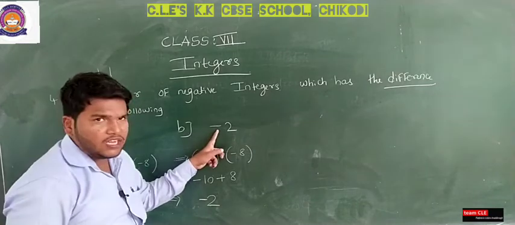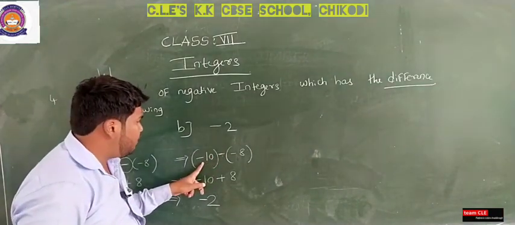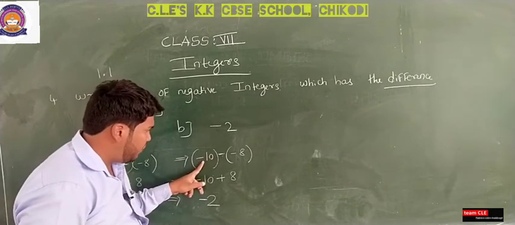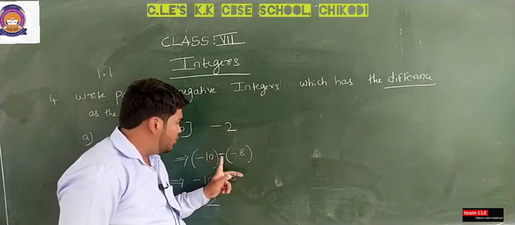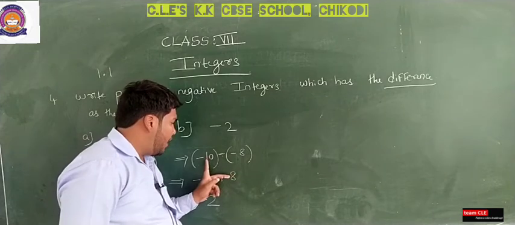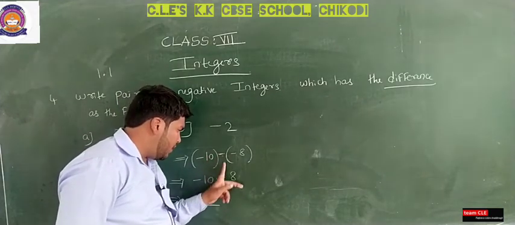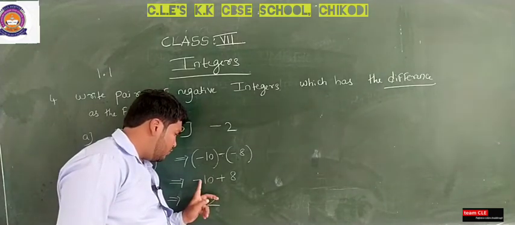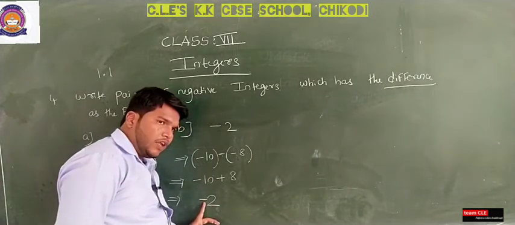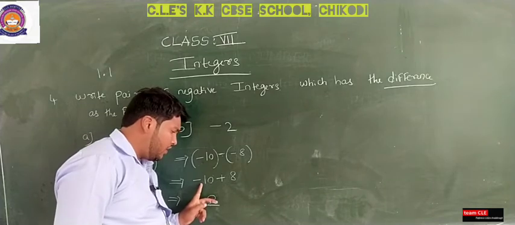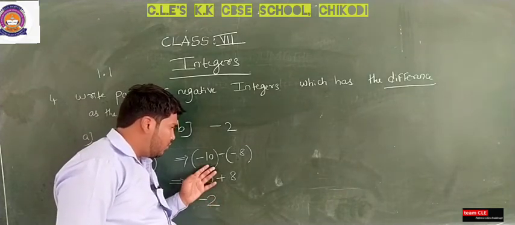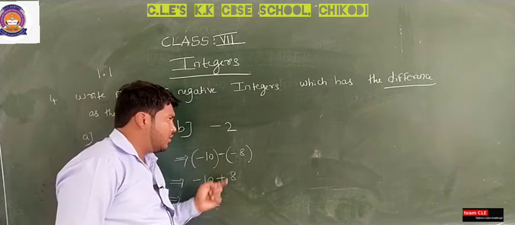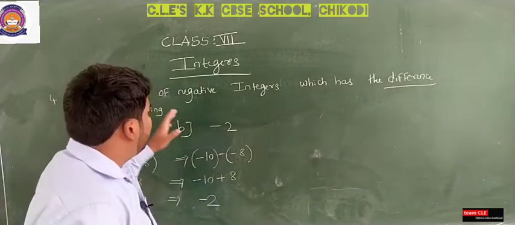Now for -2, again we have considered two negative integers, -10 and -8. -10 as it is, minus into minus is plus 8, so 10 minus 8 is equal to 2. We keep the negative sign as it is because we see the greater number's sign. So whenever you take two negative integers and the sign of difference, you should get the same answer. These are some examples.